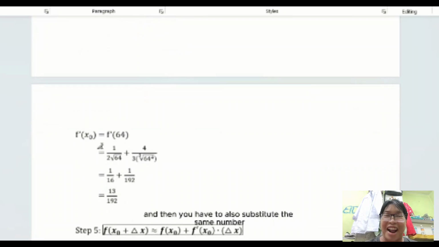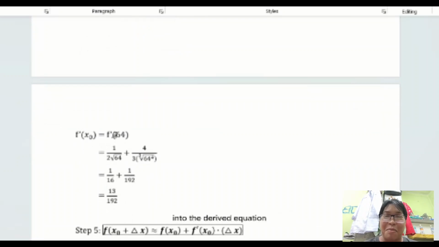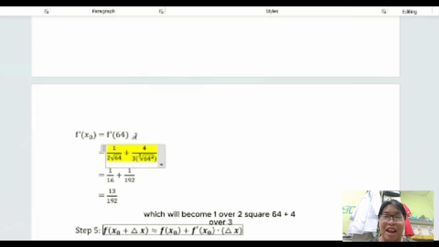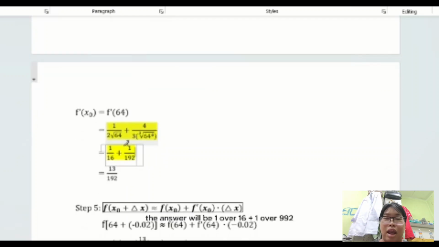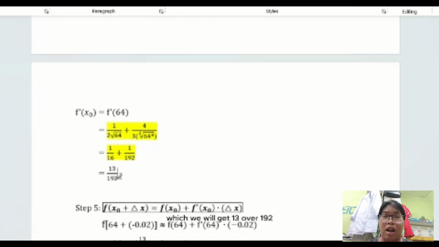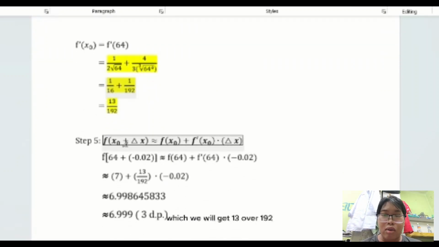And then you also substitute the same number into the derived equation, which becomes 1 over 2 square root of 64 plus 4 over 3 times the cube root of 64 to the power of 4. The answer will be 1 over 16 plus 1 over 192, which gives 13 over 192.